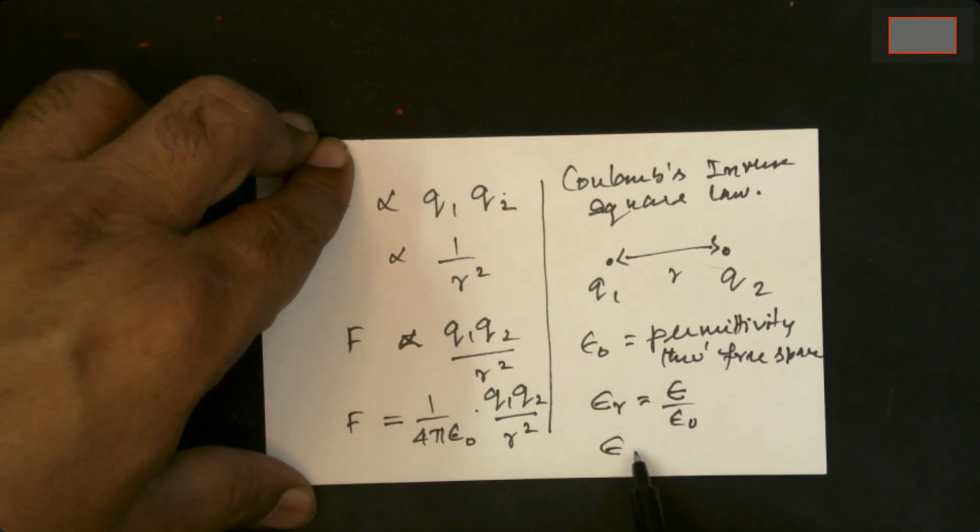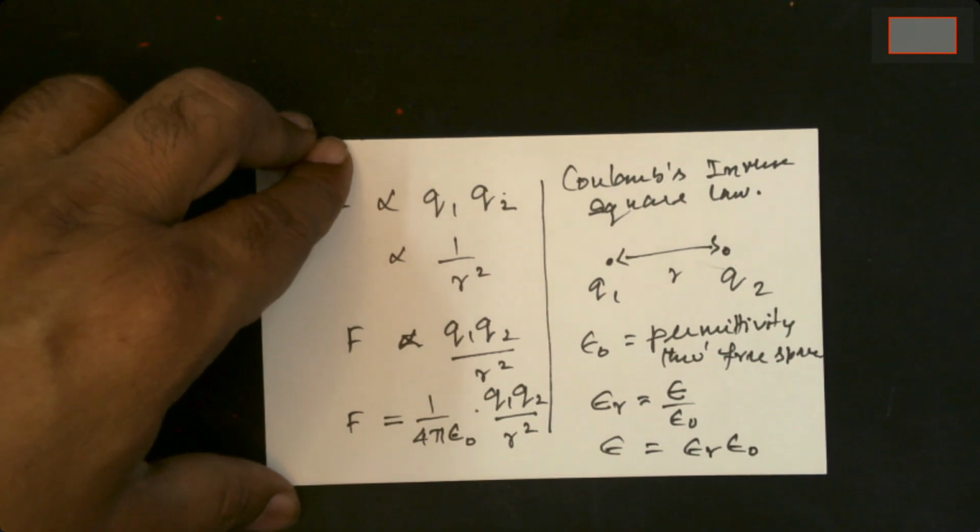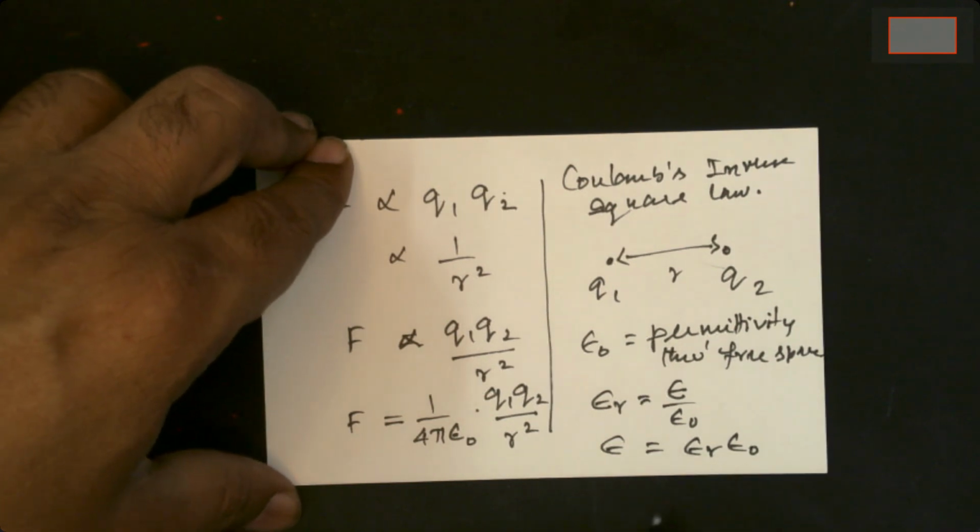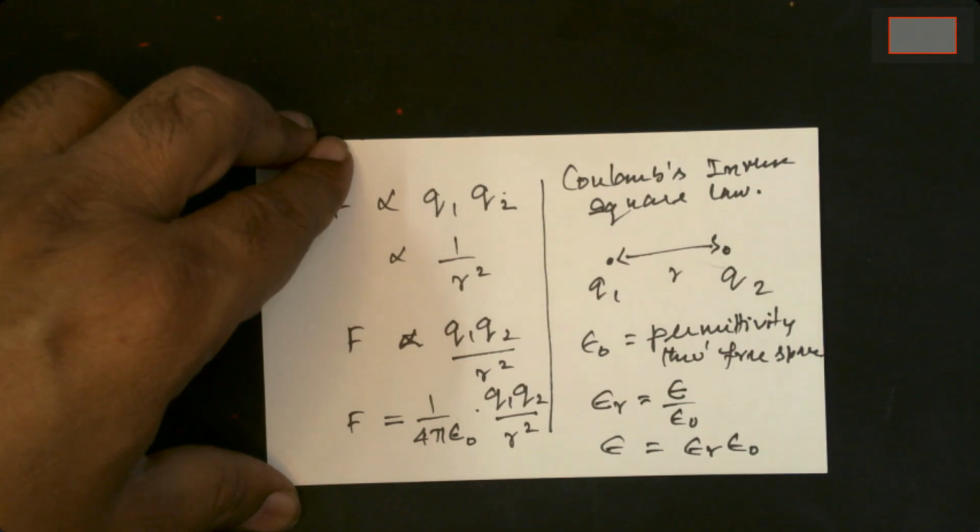Therefore, epsilon is equal to epsilon r into epsilon naught. What is epsilon r? Relative permittivity. Epsilon naught, permittivity of free space, that is vacuum.